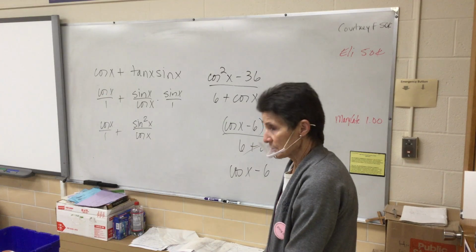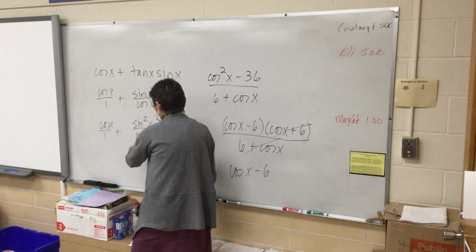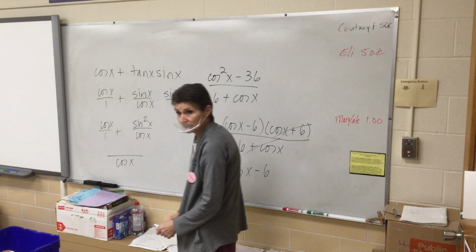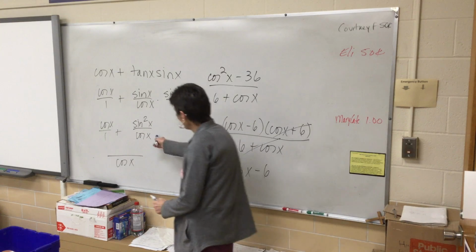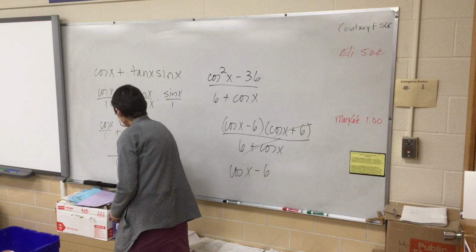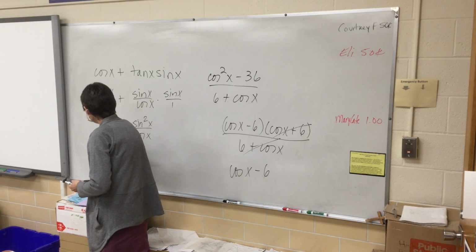Common denominator. Because we have two fractions, we want to get a common denominator, which will be cosine. This one already has it, so that's just going to be sine squared. This one needs a cosine.